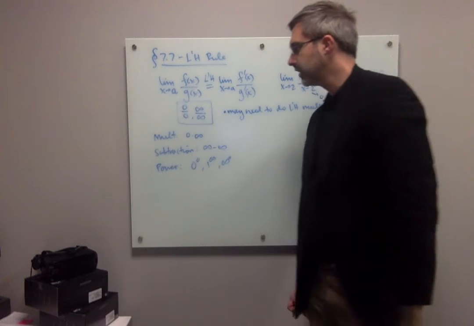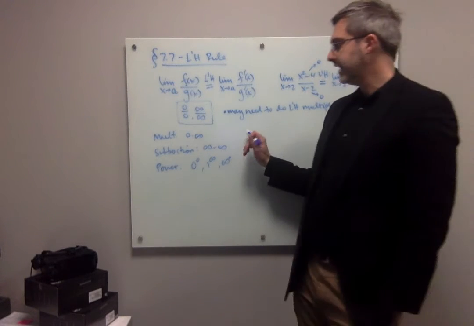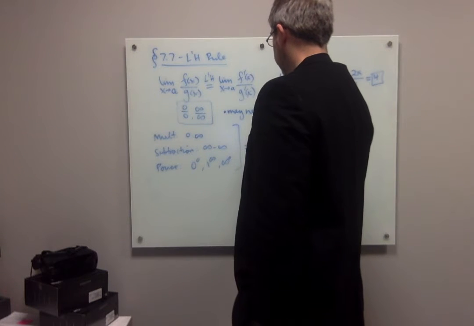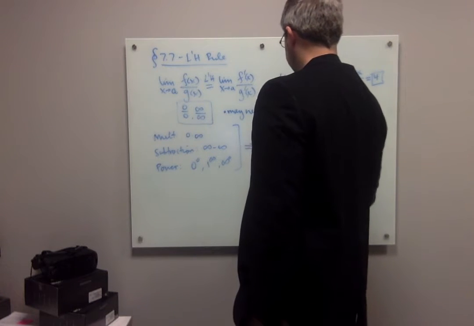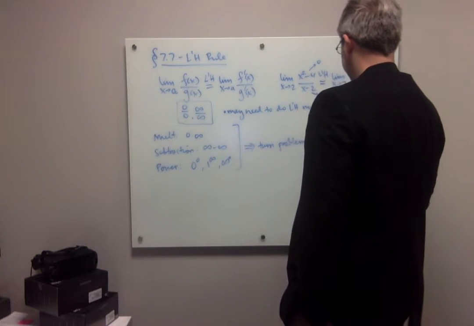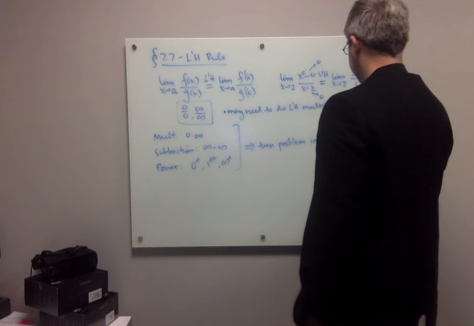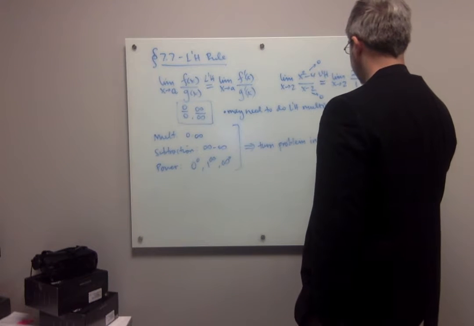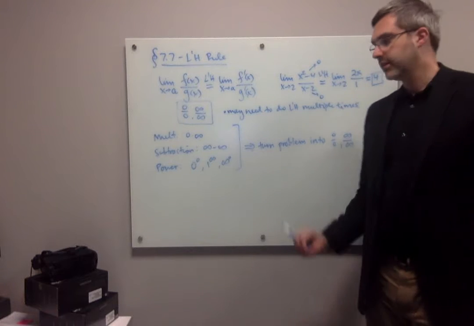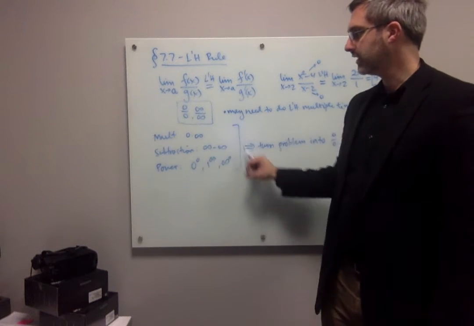The key behind doing these problems is we're going to try to turn the problem into either a 0 over 0 or an infinity over infinity problem. If we can do that, then we can apply L'Hopital's rule. Okay, we cannot apply L'Hopital's rule directly to these.